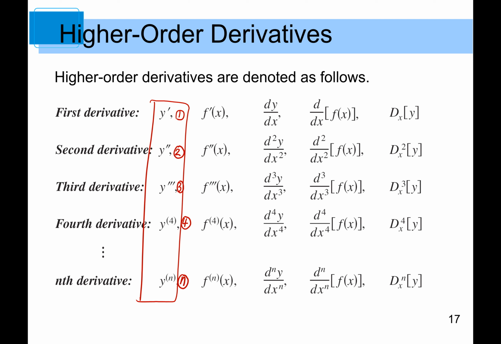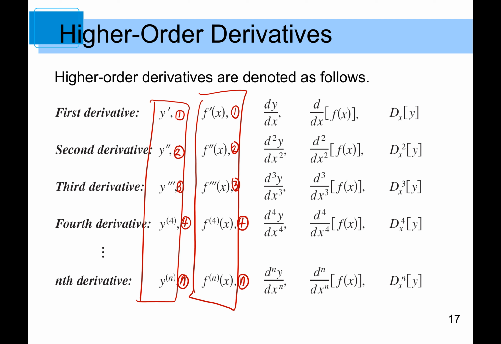This is just one way to write it. Another way would be this: f prime of x, first derivative; f double prime of x, second derivative; f triple prime of x, third derivative; f fourth prime of x, fourth derivative; f n prime of x, nth derivative. And that's the second way of writing that.